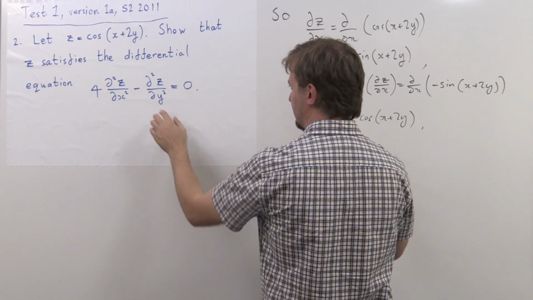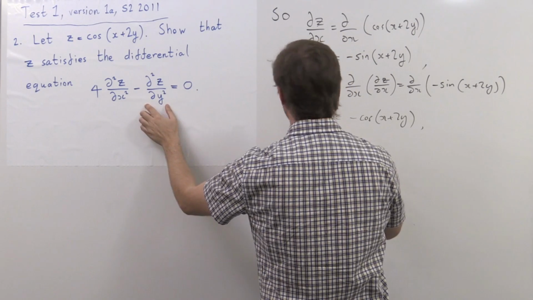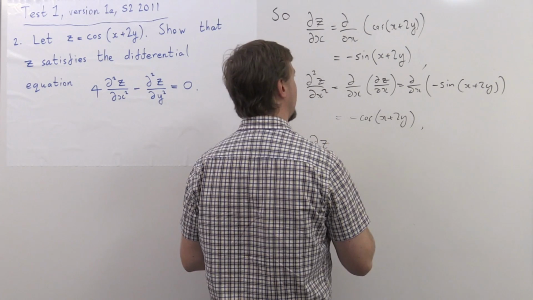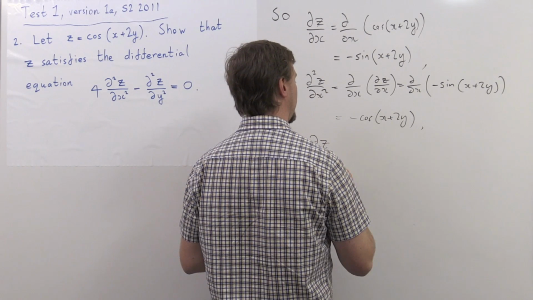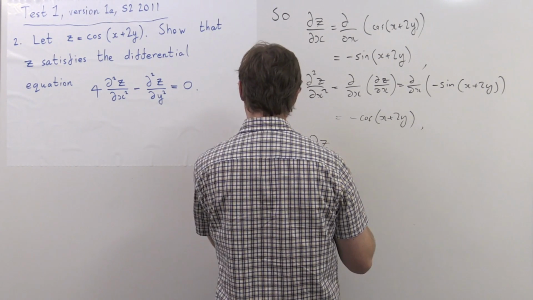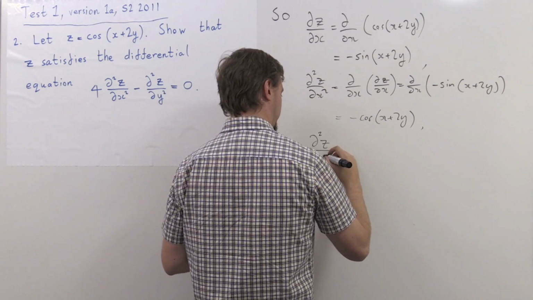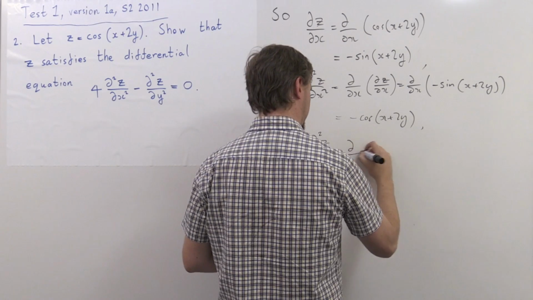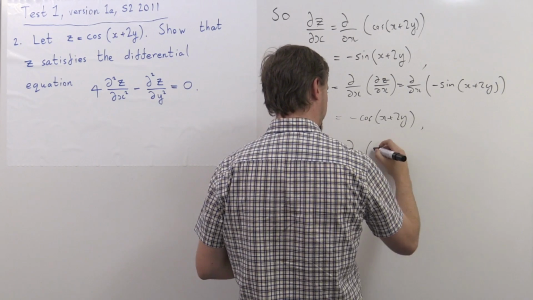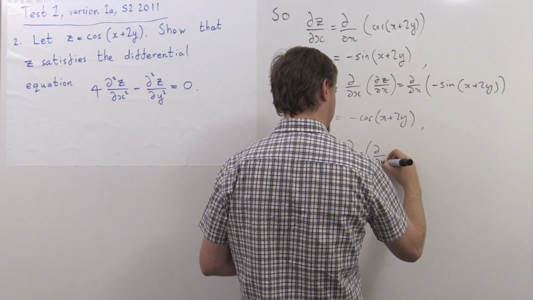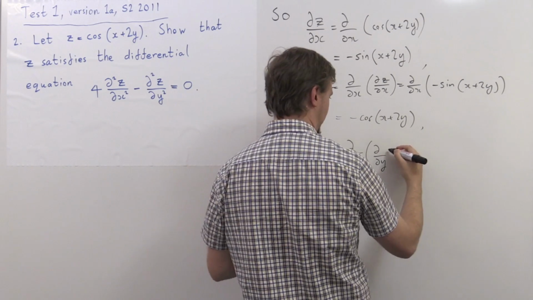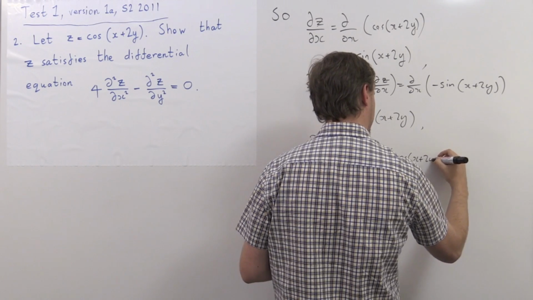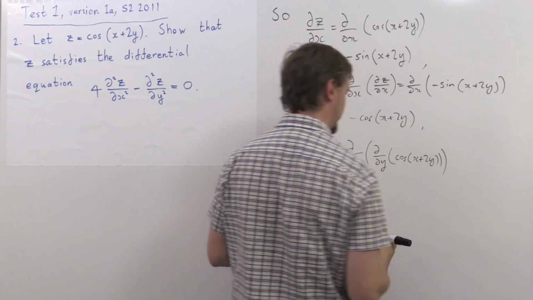So now we can calculate this term, the second partial derivative with respect to y. Let's just do this in one step. So it's going to be the second partial derivative of the first partial derivative with respect to y of cos(x plus 2y).